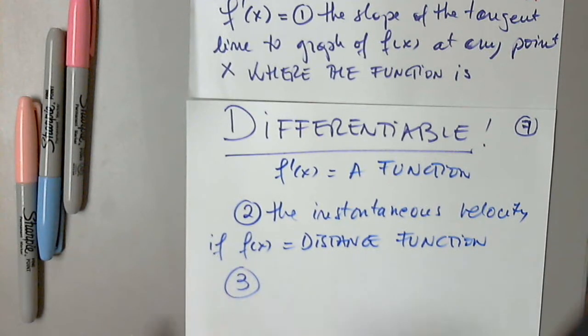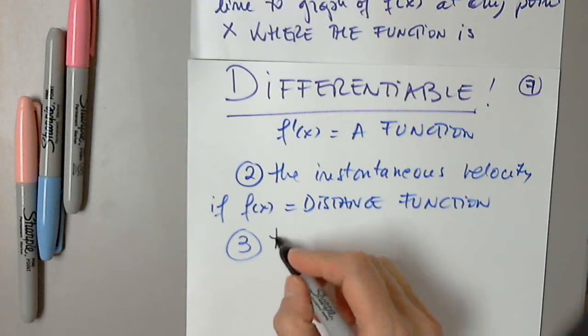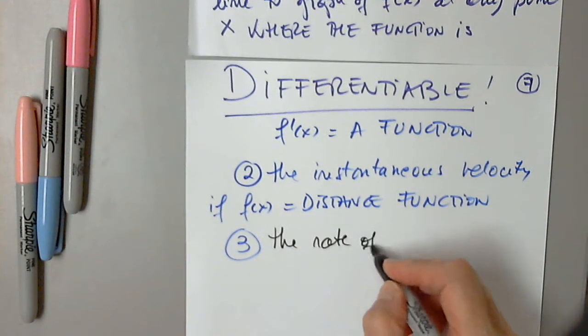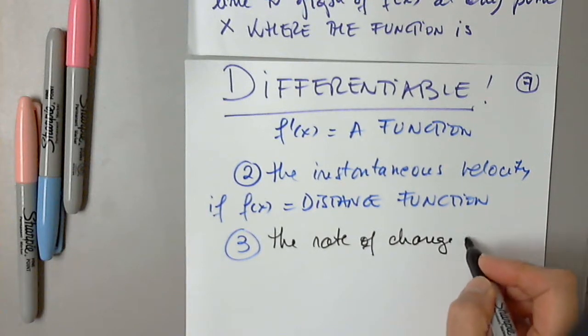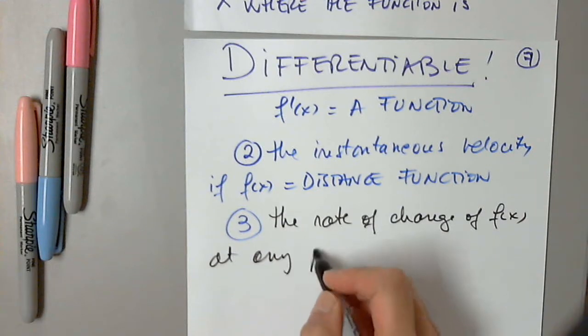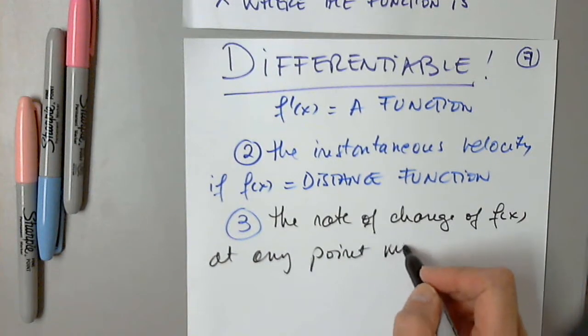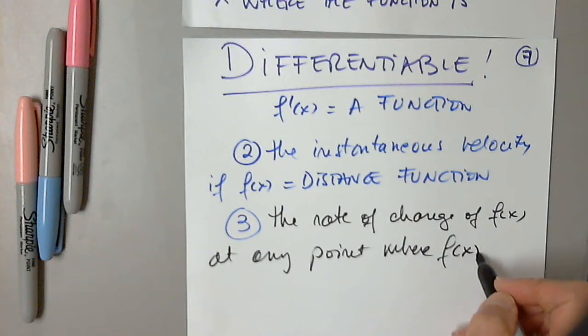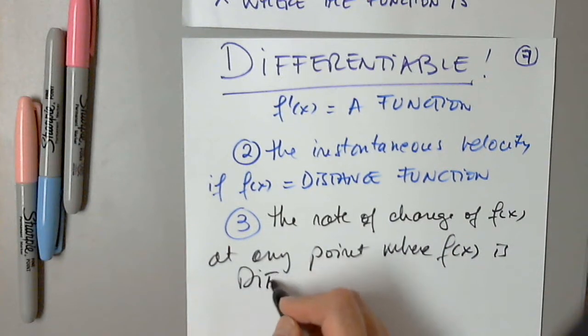And number 3, it gives the rate of change of f of x at any point where f of x is differentiable.